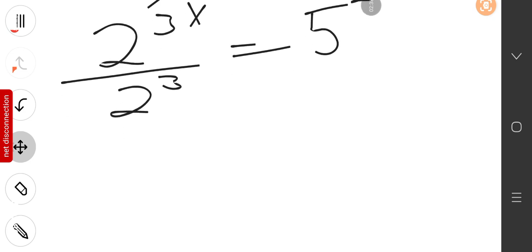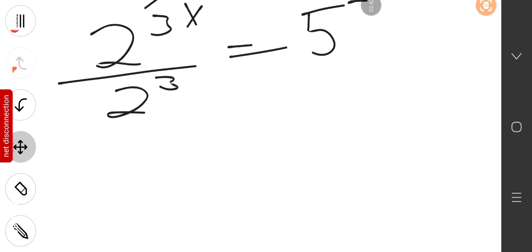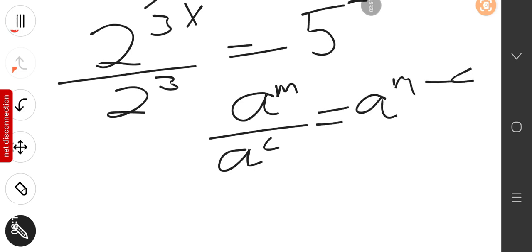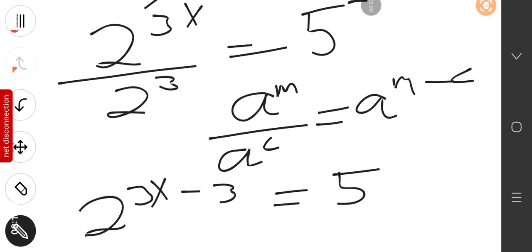Now let's state the quotient rule before we apply it. If you have a^m divided by a^c, this gives us a^(m minus c). So we are going to have 2^(3x minus 3) equals 5^2.